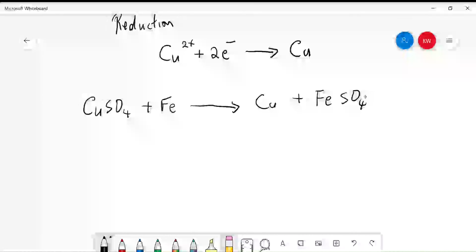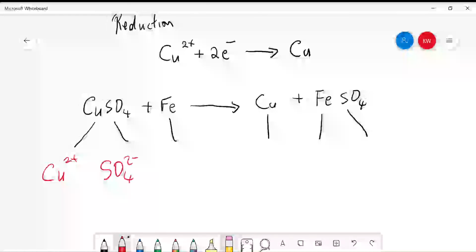And if you were to separate our ions, let's go back to our red marker, we would have copper with a 2 plus for the same reason we had before, because we know sulfate has a 2 minus, and then we have an iron 0, and the element by itself has a 0 oxidation state. Copper here is also 0. This is iron with a 2 plus and sulfate with a 2 minus.